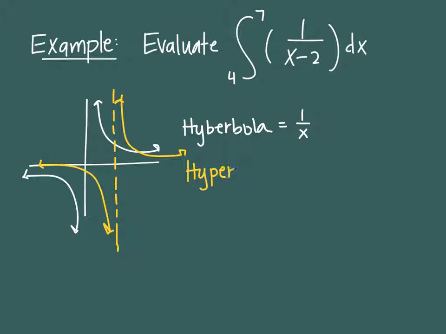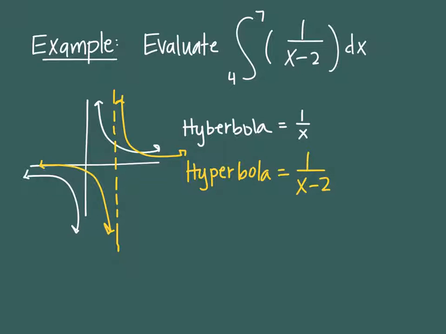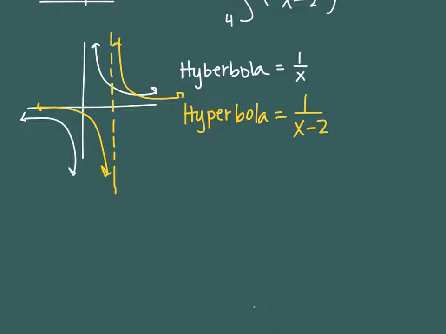I would expect you to have a decent idea, a working knowledge of how to sketch that. Okay, it's just a hyperbola that's been shifted over. And we're going from 4 to 7. And so that's on the right side of the asymptote, because remember the asymptote is at the number 2.